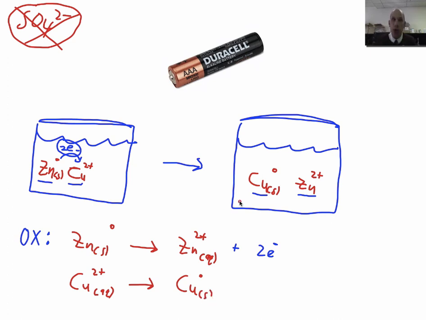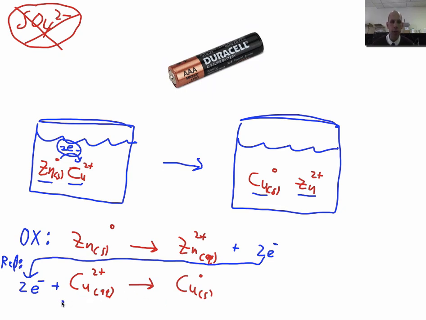Cu took those same electrons, these electrons right here, were grabbed onto by Cu. Okay, a lot of times people think in these half reactions it's different electrons. They're not. They're the exact same electrons. And this is the reduction half reaction right here.